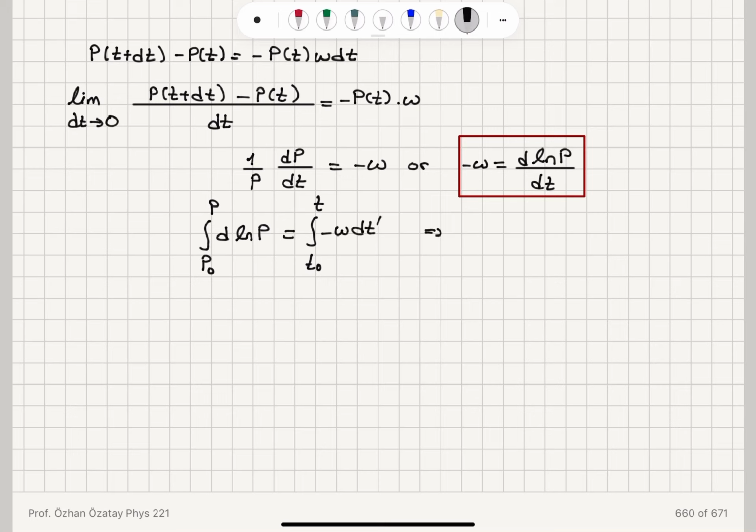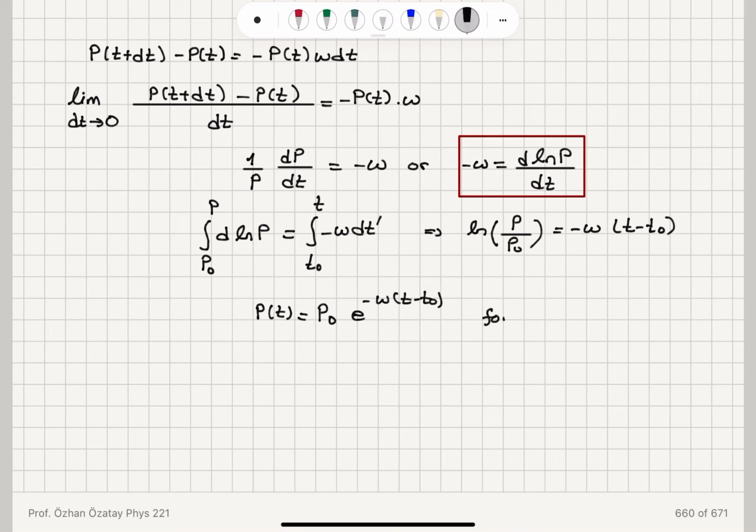So this gives me the natural logarithm of P over P0. The integral of the differential gives us the natural logarithm of P, equal to minus ω. The integral of dt is t, evaluated between t and t0, so it is t minus t0. So this tells me that P of t is P0 exponential of minus ω (t minus t0).